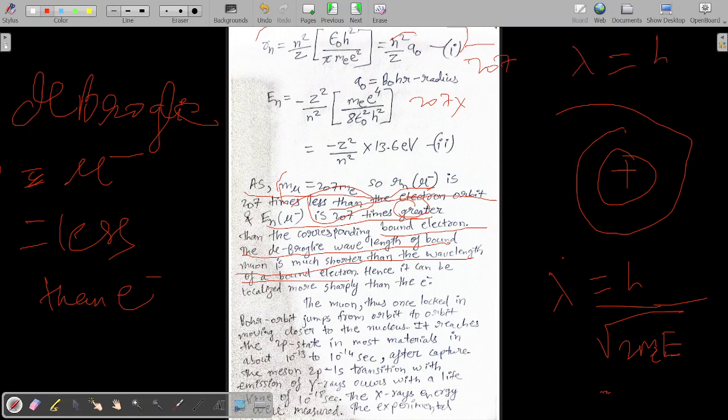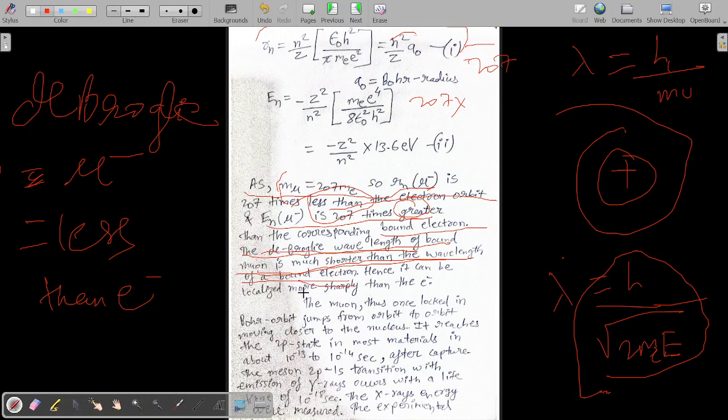From this formula, h by mv, you can clearly see this, and from this formula also, lambda is equal to h divided by the square root of 2 m E. So the de Broglie wavelength of a bound muon is much shorter than the wavelength of a bound electron.